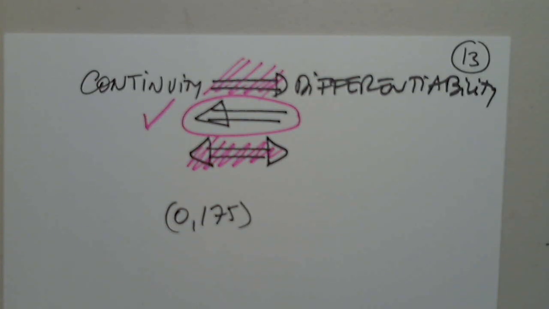Roughly 130. So 130, comma 75. Again, I'm reading 2 points: 0, comma 175, and 130, comma 75.